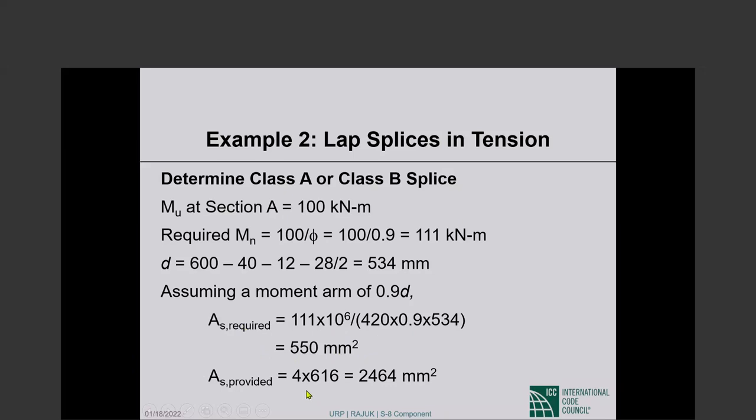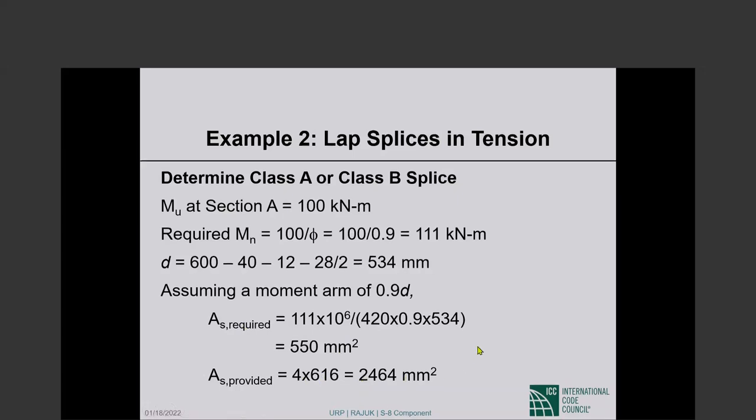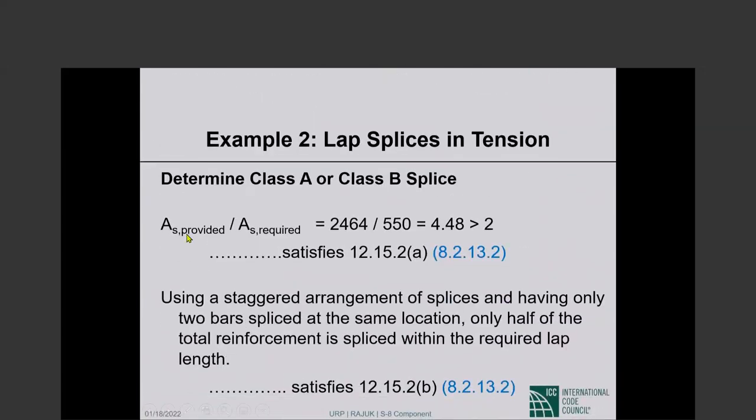We actually provided 4 number 28 bars, and that has a total area of 2464 square millimeters. So A sub S provided over A sub S required is 4.48.